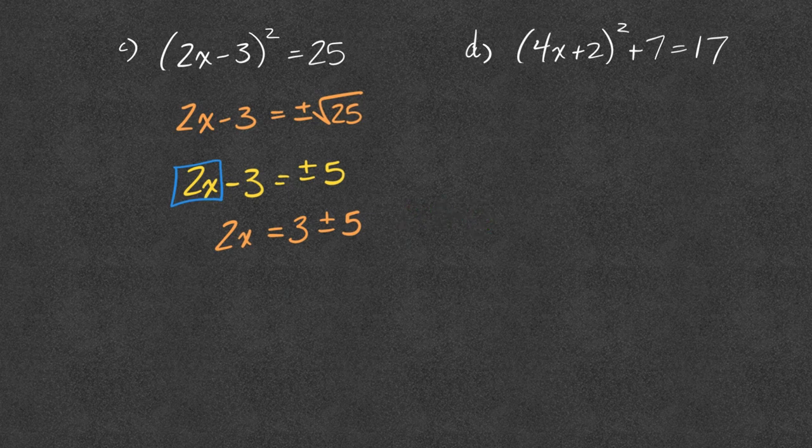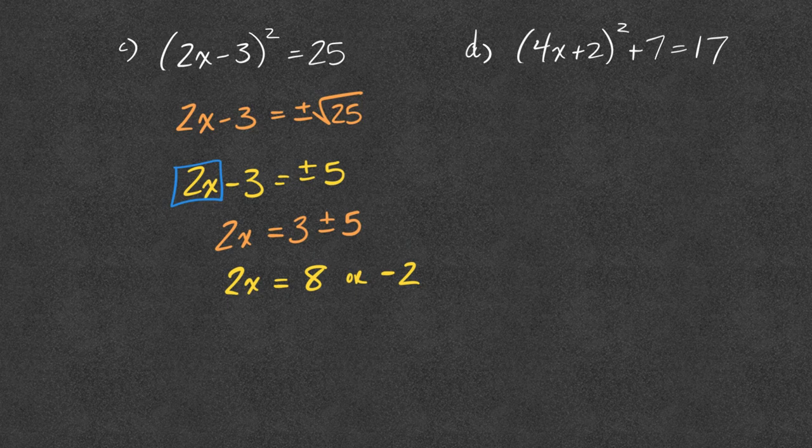Okay, now I want to simplify the right side. I always want to simplify everything I can. I'm going to end up getting two possible answers. I'm going to get 3 plus 5, which is 8, or I'm going to get 3 minus 5, which is negative 2. I still have to solve that.